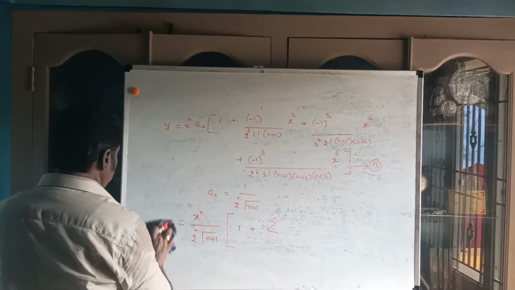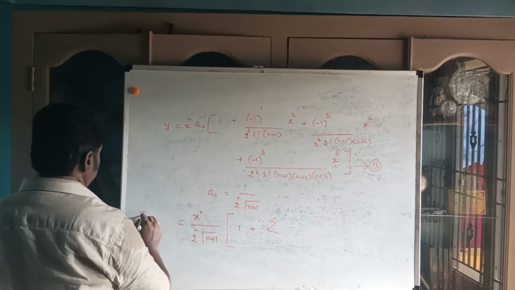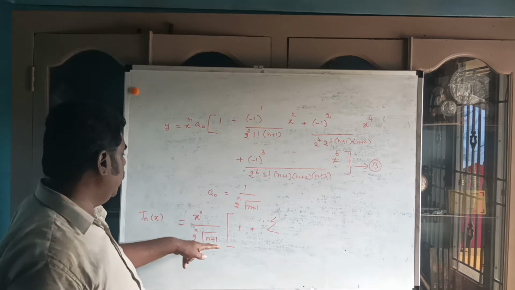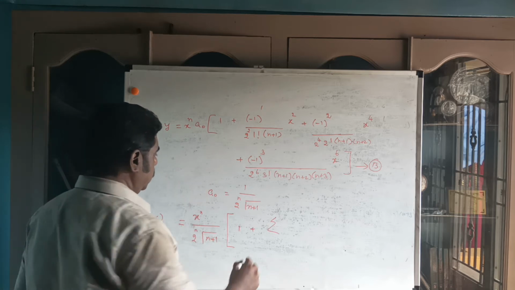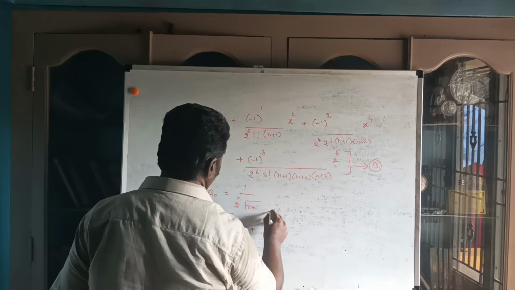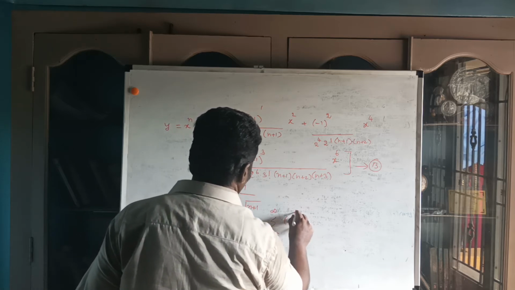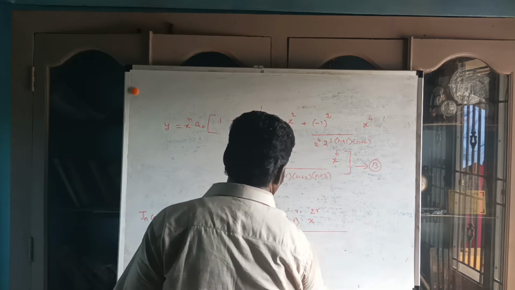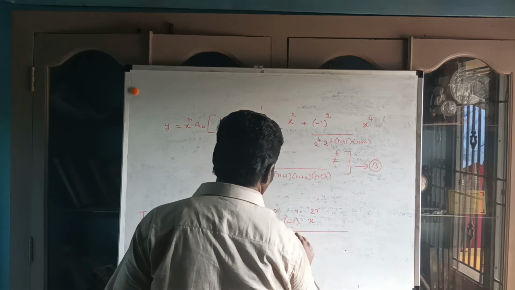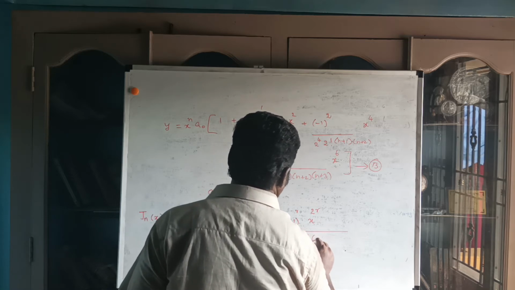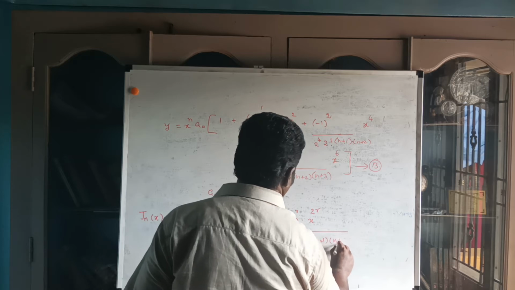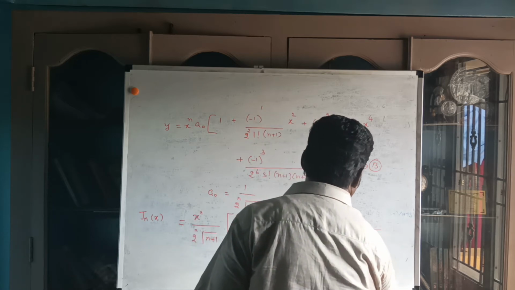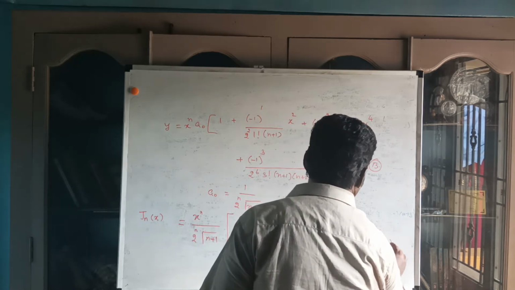summation over. Here we should not put y. If you introduce the value of a0, this should be changed as Jn of x. Jn of x equal to x power n divided by 2 power n and gamma of n plus 1, into 1 plus summation over r equal to 1 to infinity minus 1 power r x power 2r divided by 2 power 2r r factorial n plus 1 into n plus 2 into n plus 3 dot n plus r.